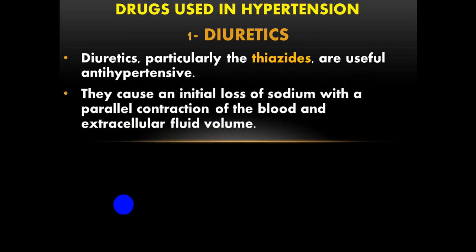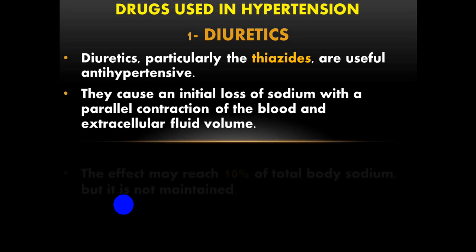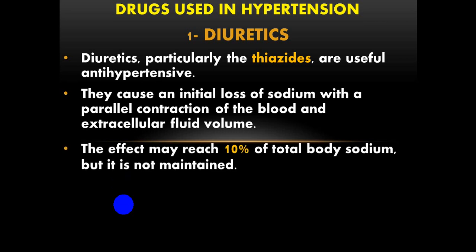They cause an initial loss of sodium with a parallel contraction of the blood and extracellular fluid volume. Why? Because they lead to initial loss of sodium. The effect may reach 10% of the total body sodium, but it is not maintained.